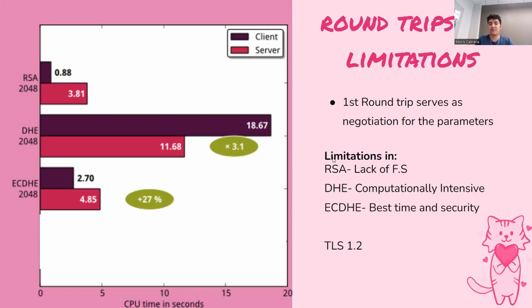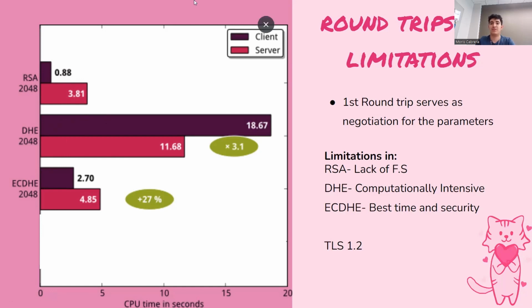So just like Diffie-Hellman ephemeral, you can't use those keys to compromise the communication. So when I say the best of both worlds, you have the best time. Right here, it is a bit longer than RSA at 2048 bits, but you do have the added security of forward secrecy. So that's why it's a prime choice for most communications.